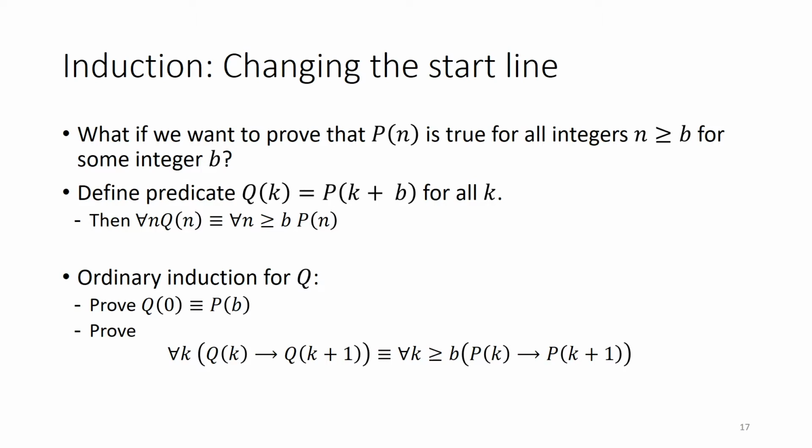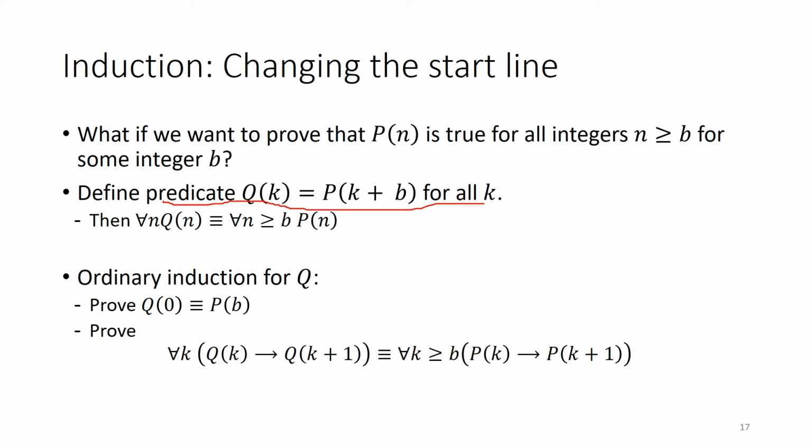how to prove it. First, we need to define a predicate Q of k, and this is equal to P of k plus B for all k.